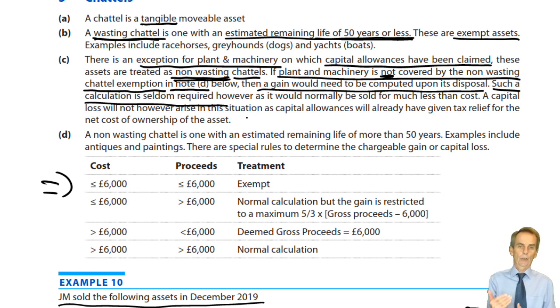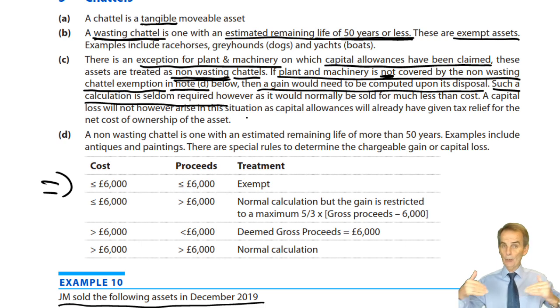Now, again, you don't have to understand why, you simply have to deal with what the issue is. So in terms of plant and machinery, if the chattel exemption applies, bought for less than 6, sold for more than 6, it is exempt.